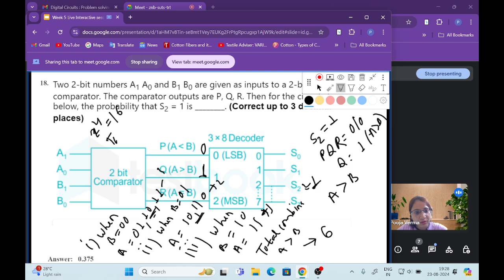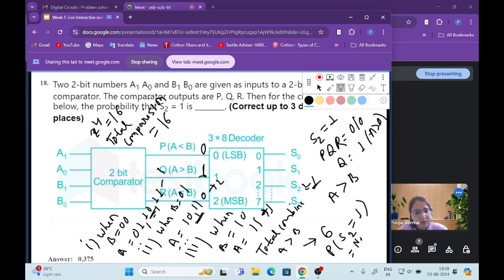So I'm writing it here, total comparison is 16 and total combinations where A is greater than B is 6. So in order to find out the probability where S2 is equal to 1 will be number of comparisons where A is greater than B.